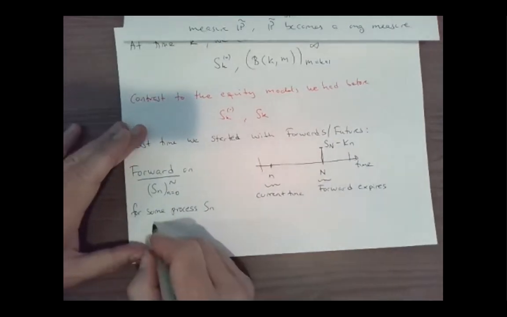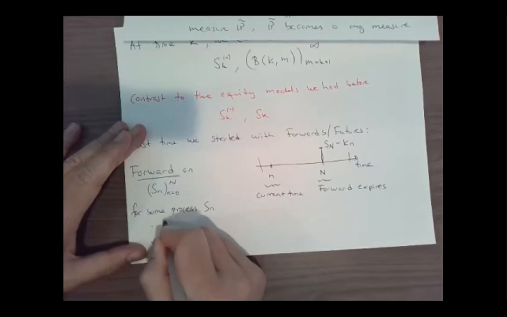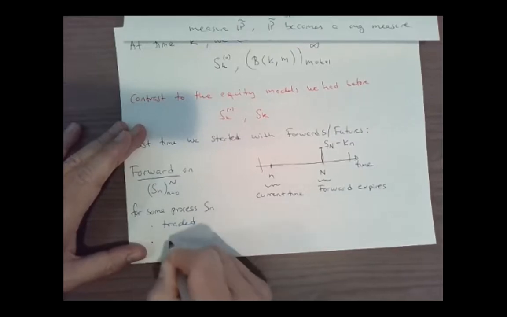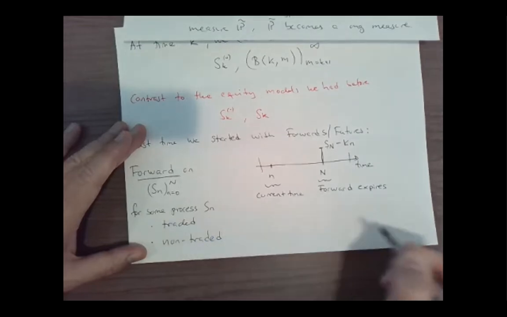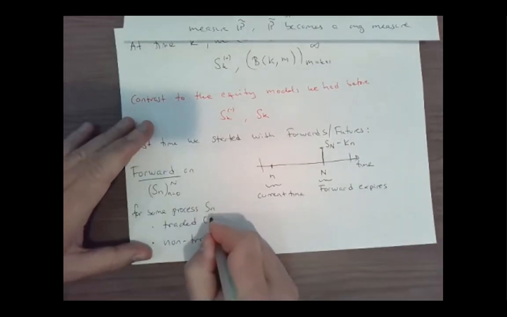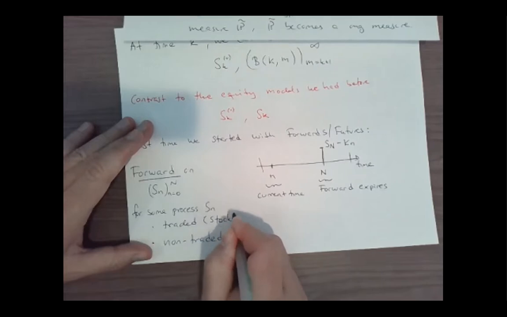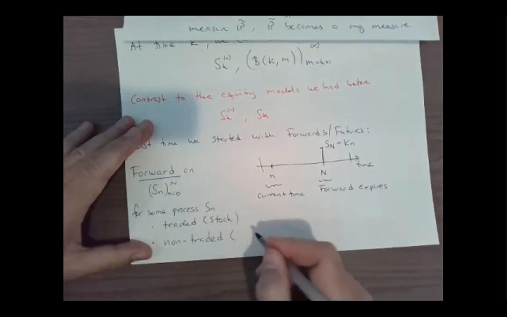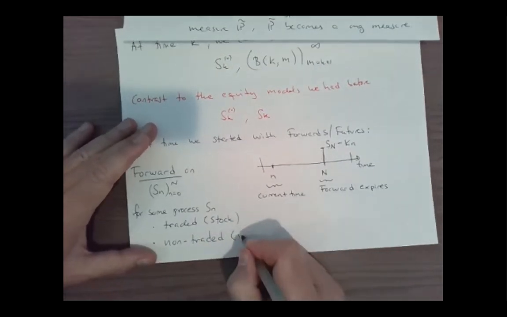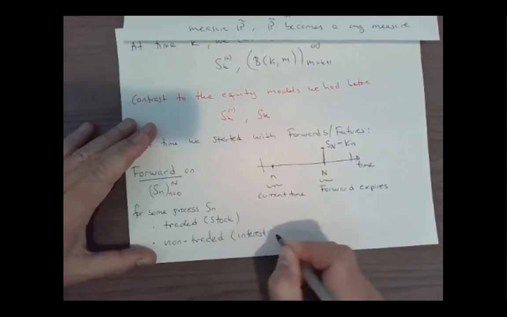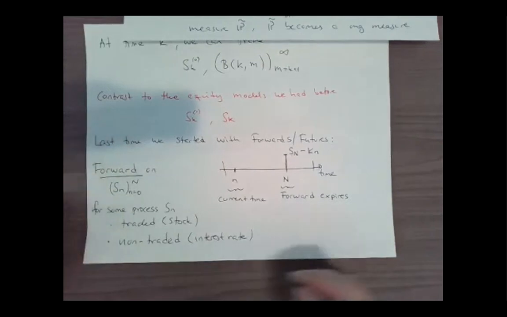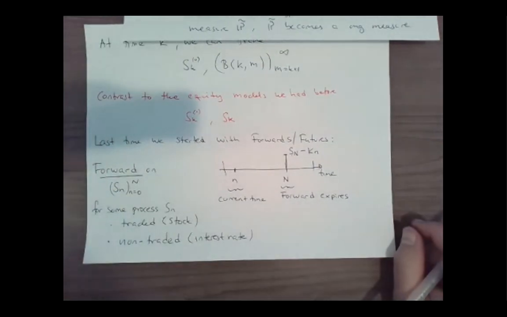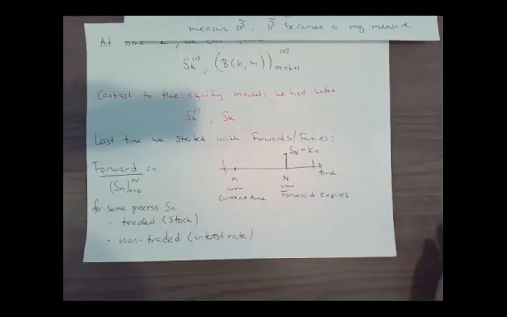And we talked about before, there were 2 cases where it could either be traded or non-traded. And traded, this could, for example, be a stock. And the non-traded one could be, for example, an interest rate. Interest rates are not price processes, right? But the stock has a price process.